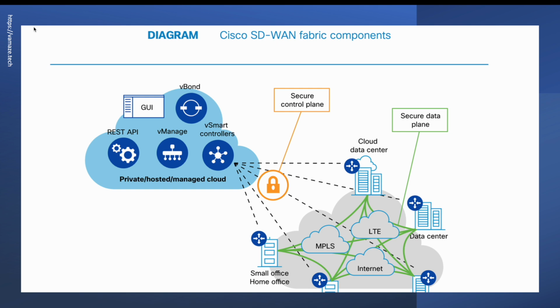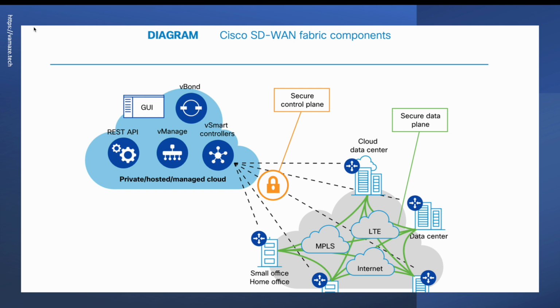Now that we went through the different components in the SD-WAN fabric, let's go through once again the relationship between each of these components. The WAN edge routers form Internet Protocol Security tunnels or IPsec tunnels with each other to form the SD-WAN overlay.